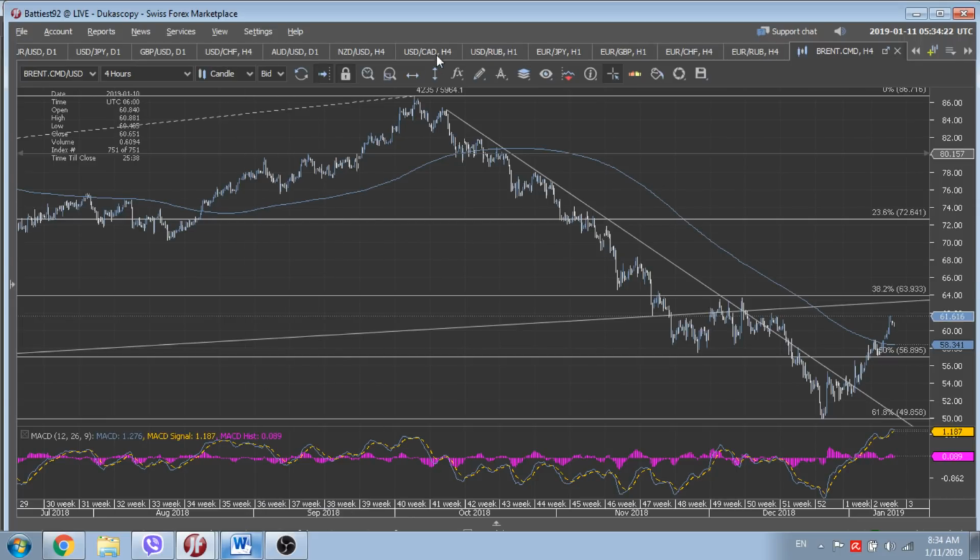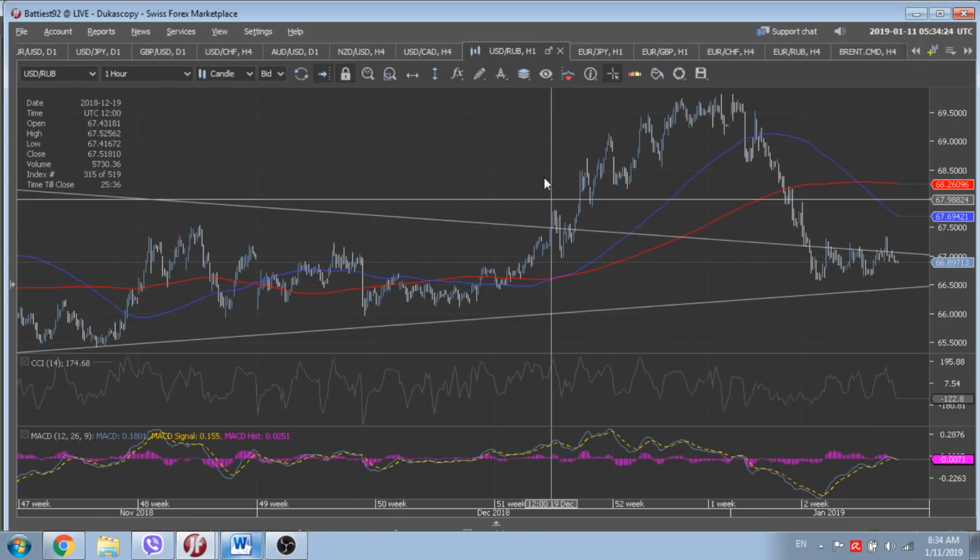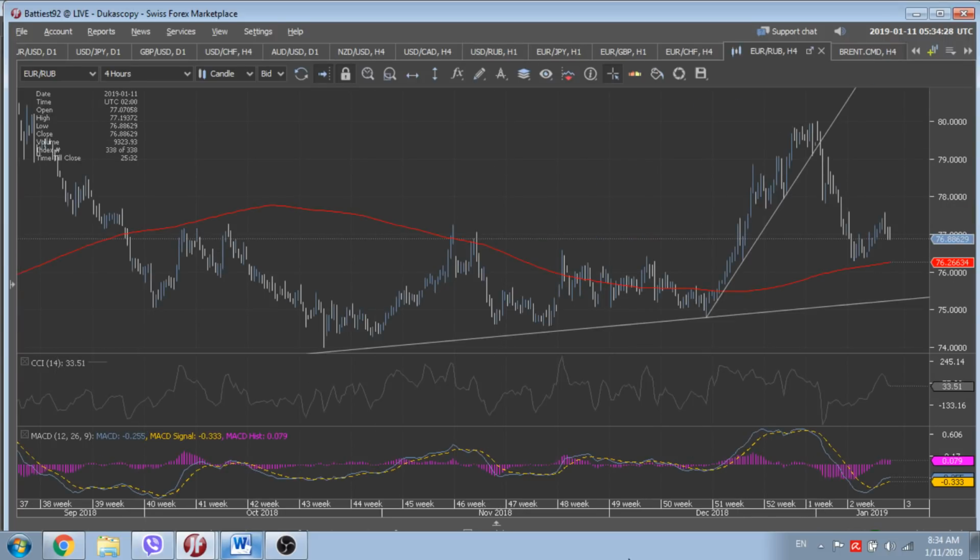That also applies, by the way, to the dollar ruble and the euro ruble, where we are also advised to enter fresh long positions on further progress to the downside.